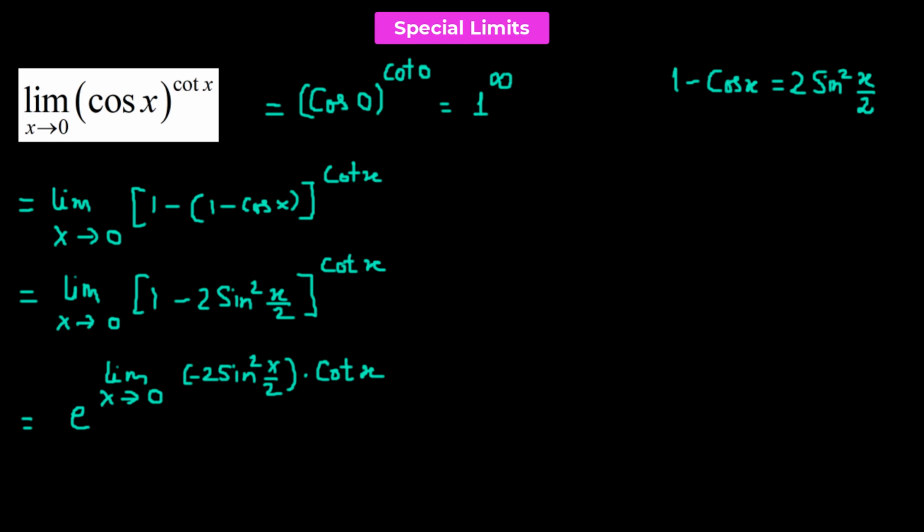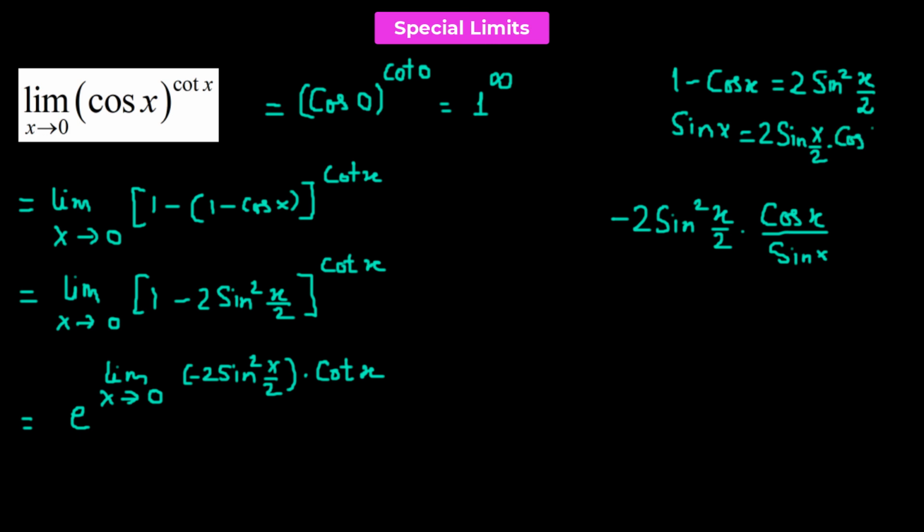Now we have negative 2 sine squared x over 2 multiplied by cot of x. Cot of x is the ratio of cos over sine. And also we know that sine of x is equal to 2 times sine x over 2 times cosine of x over 2. This is the half angle formula.